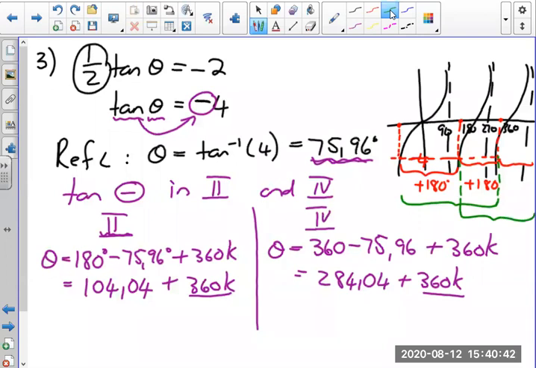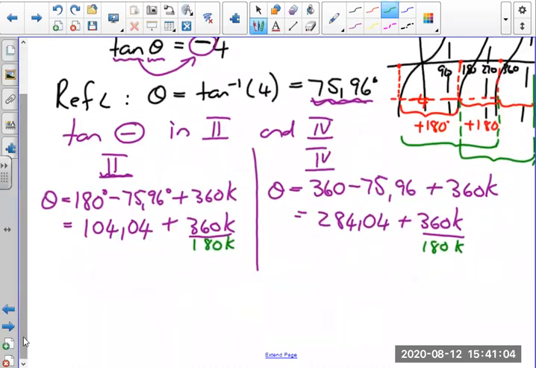So whether you add 180k here or 360k there, both will give you all the different solutions. So that's why I don't even like this method. I'm going to show you how easy it is if you don't work with the reference angle and you don't work with the quadrants.